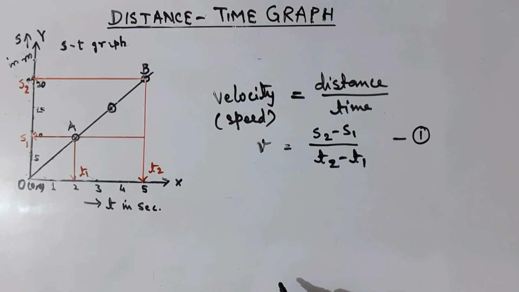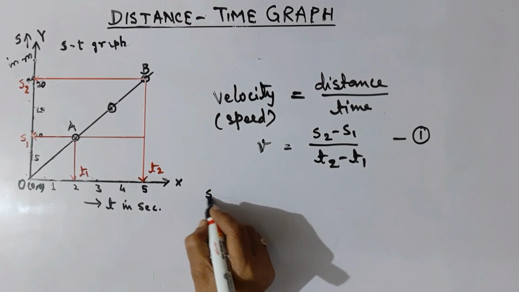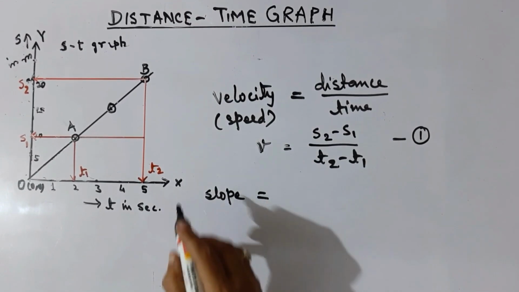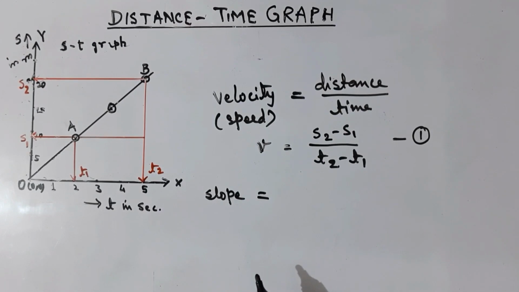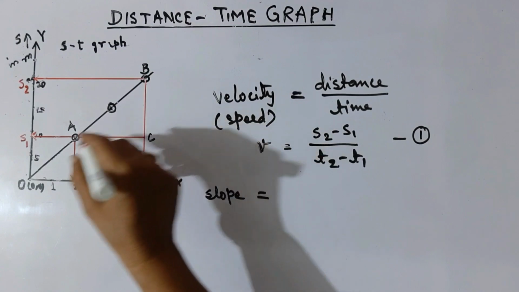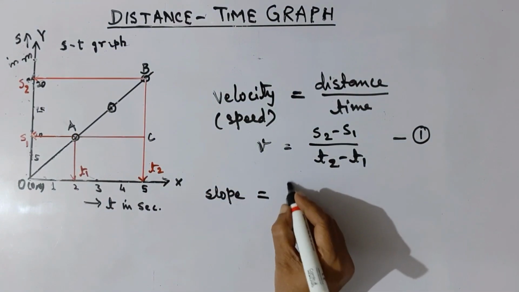Again, we know from the slope of the graph that the slope of the graph is equal to the change in vertical distance upon the change in horizontal distance. So, say this is point C. This will be BC upon AC.